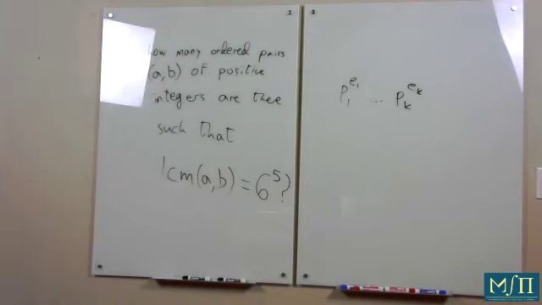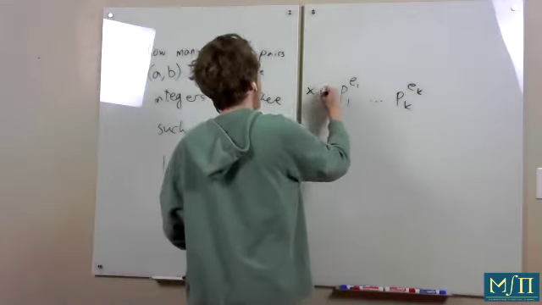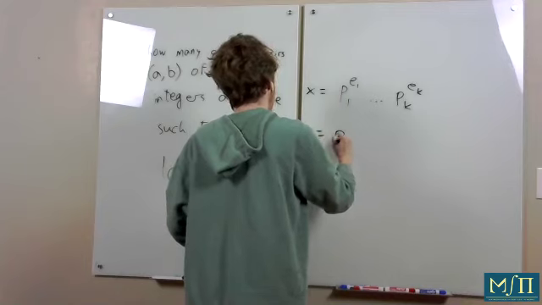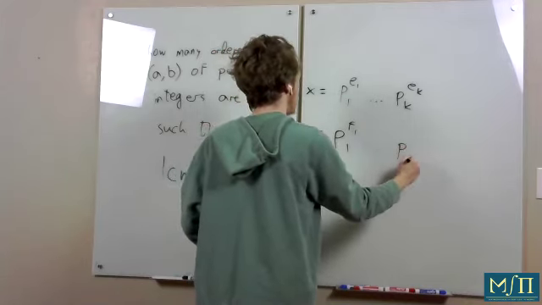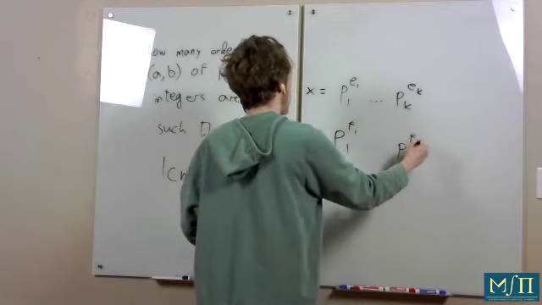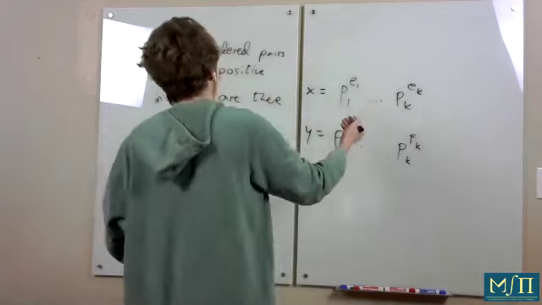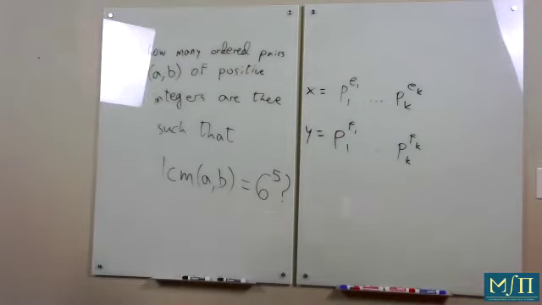If I have two numbers, say x and y, let's write out their prime factorizations with every prime number that occurs in at least one of them. So maybe there are some exponents of 0 on prime numbers that divide only one of the numbers. So let's write it like that.